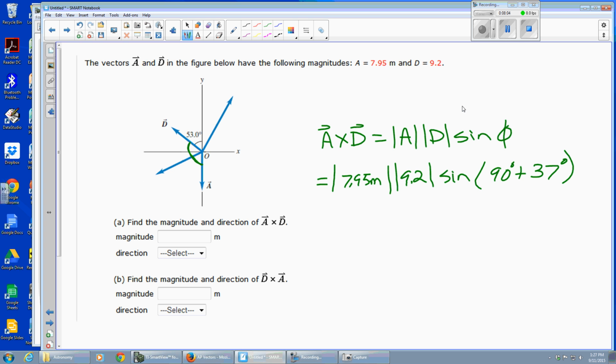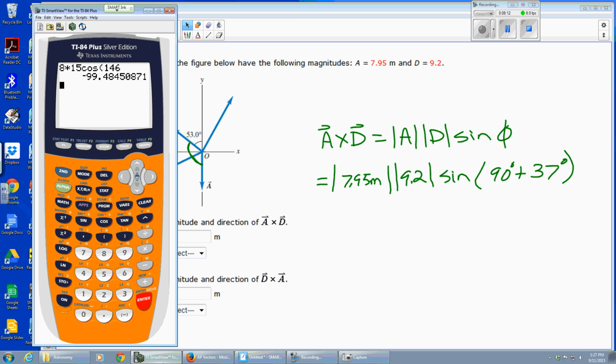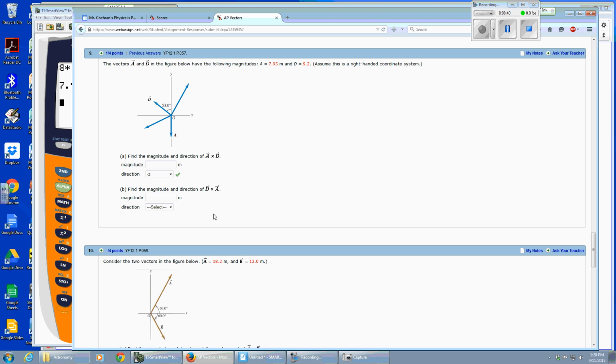It's 90 to get me up to the X negative axis, and then 37 to get me up to D. So 7.95 times 9.2 times sine of 90 plus 37. I get 58.4 as the magnitude of this cross product that's pointing into the board, the Z negative axis.